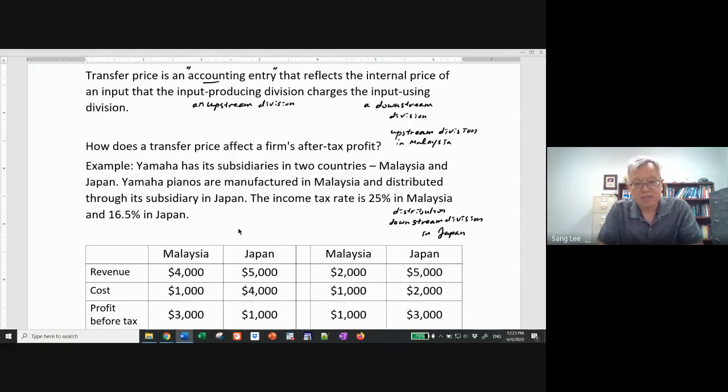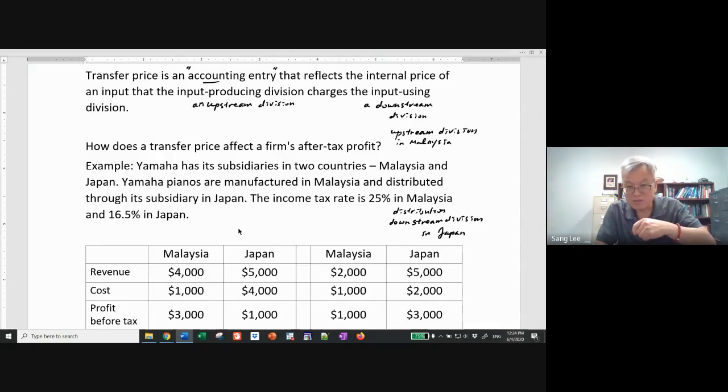The income tax rate is 25% in Malaysia and 16.5% in Japan. These numbers are all arbitrary. Even though the manufacturing division and the distribution division are within the same company, Yamaha, the company has to pay tax where it is earning income.